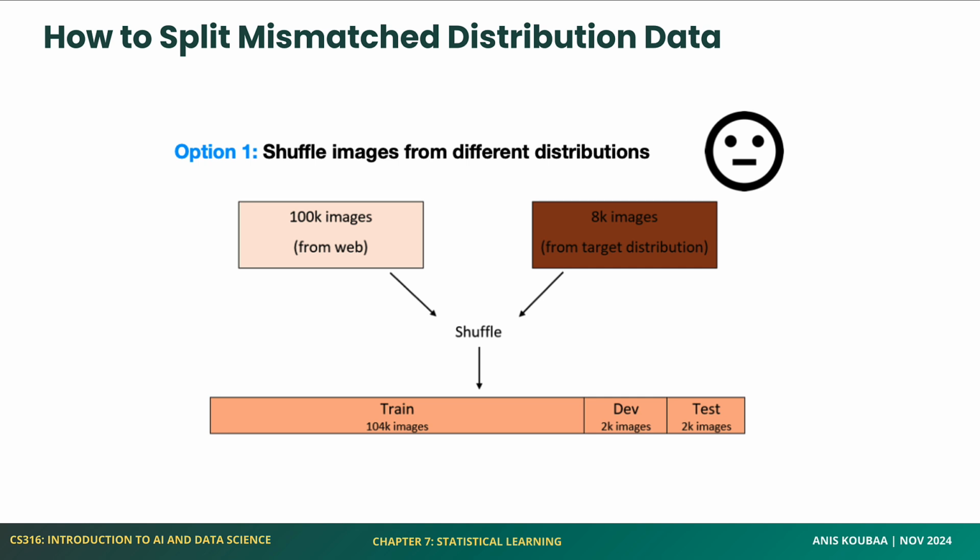So what we did, we collected images from the internet. And then the model didn't work as expected when we took pictures here from PSU and tried to apply the model. The pictures that we collected from PSU are called the target distribution, because they are collected from the environment where we will deploy the model.